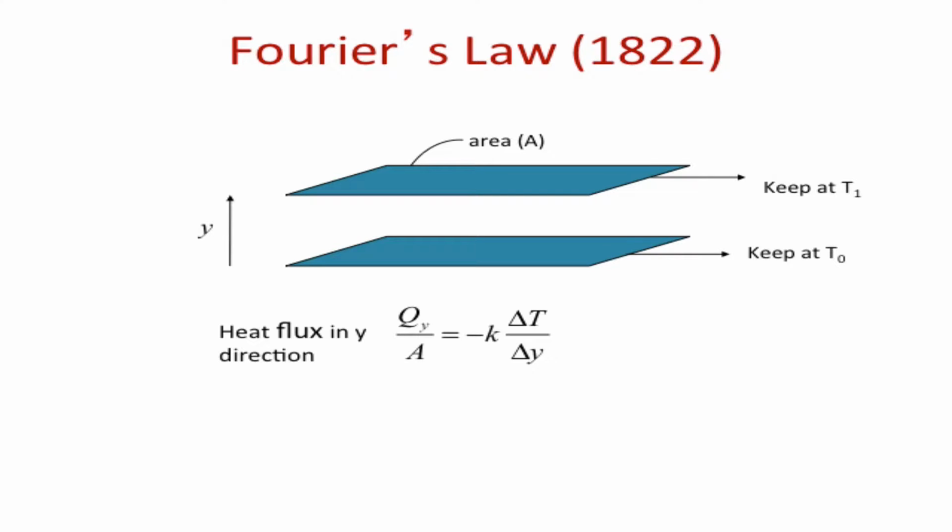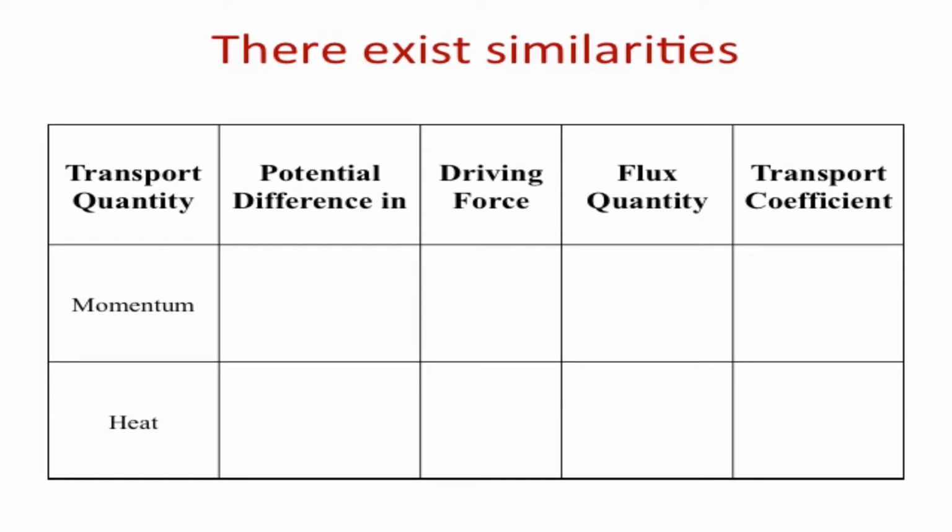So if I have two plates again, but they're kept at two different temperatures, now I will have the transfer because of the gradient in temperature. So my driving force is the difference in temperature. And the amount of heat being transferred per area is again proportional to this difference or gradient in temperature. My K, or the coefficient in this case, is called thermal conductivity.